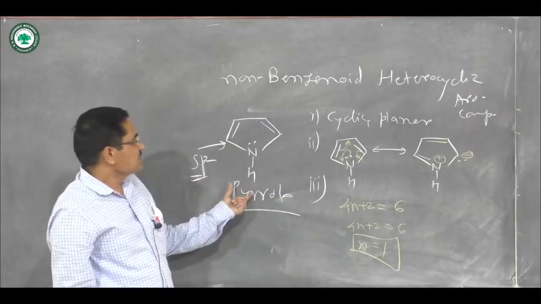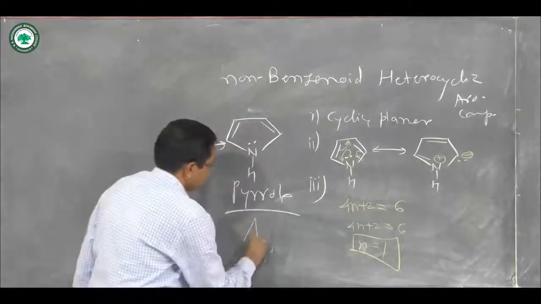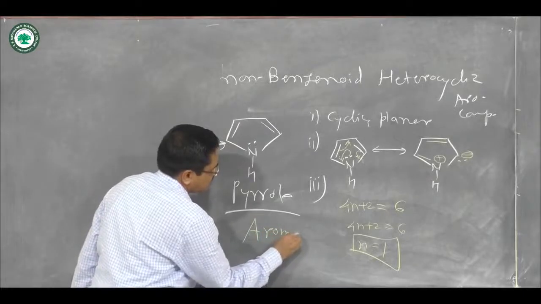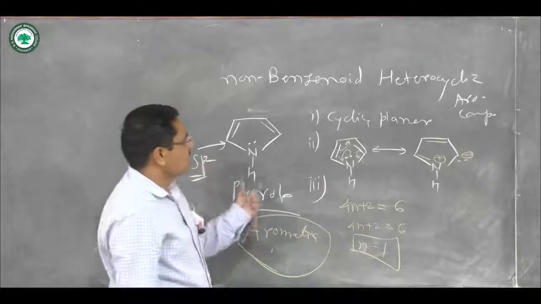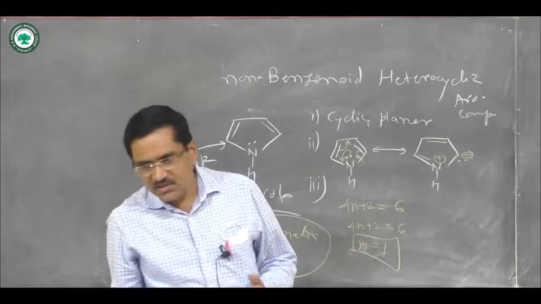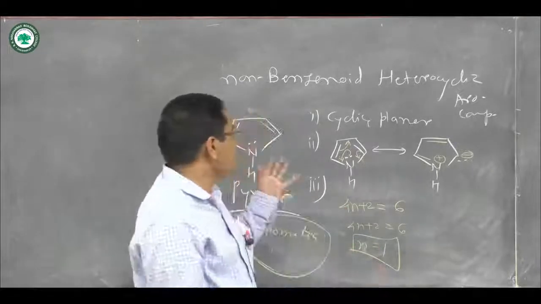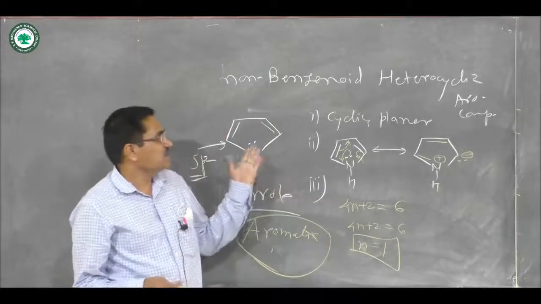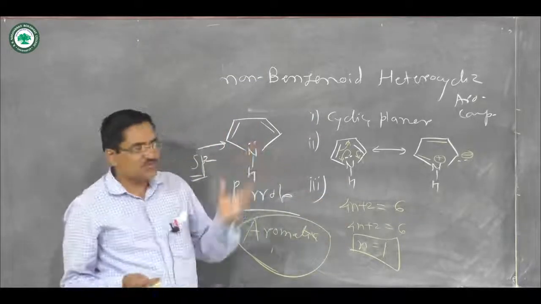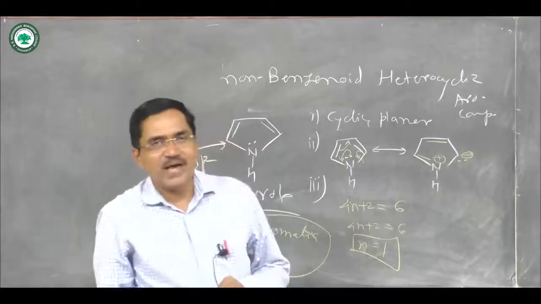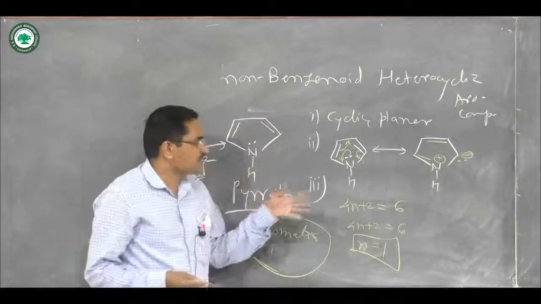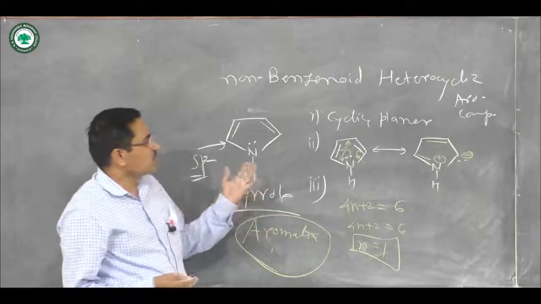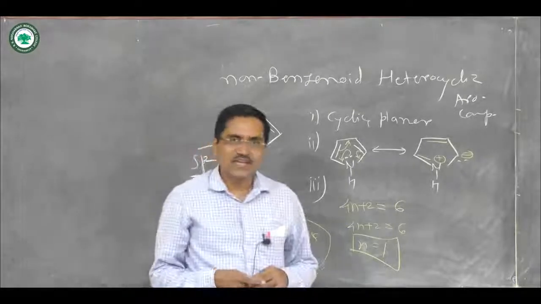And hence this compound is aromatic. So today we discussed aromaticity and classification as well as the criteria of aromaticity, and also we took some examples from aromatic compounds and some from non-aromatic compounds. Thank you.